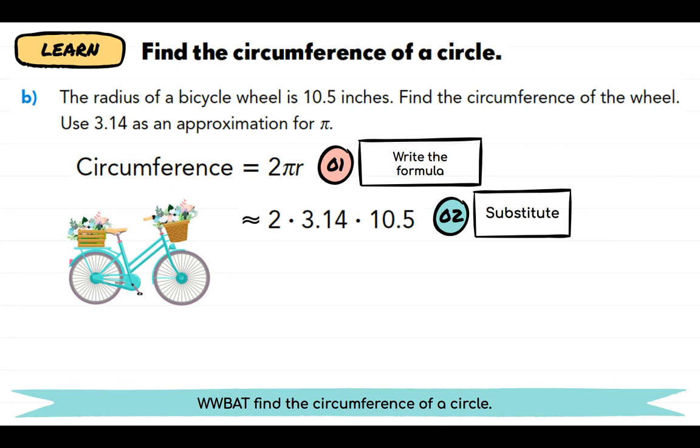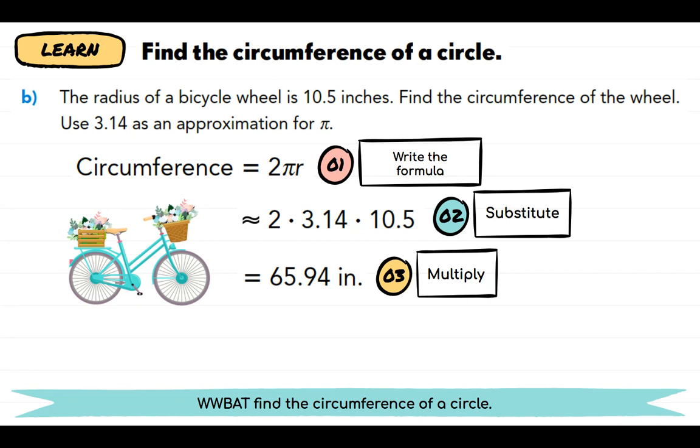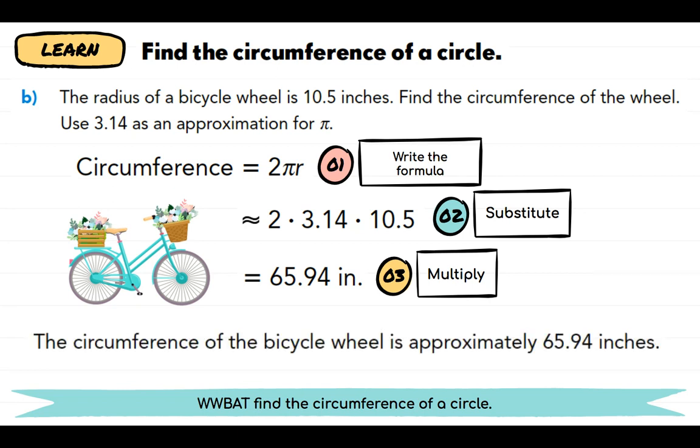Then we substitute the letters with the numbers: 2 times 3.14 times 10.5. In your calculator, multiply and you should get 65.94 inches. So the circumference of the bicycle wheel is approximately 65.94 inches.